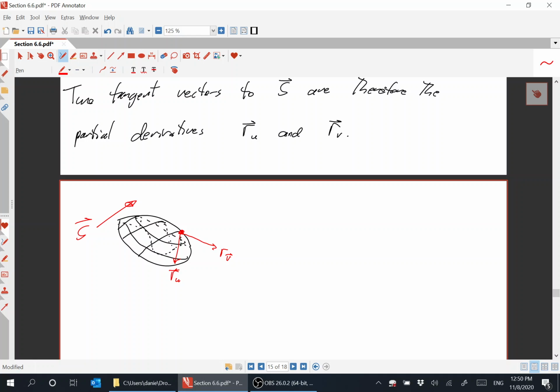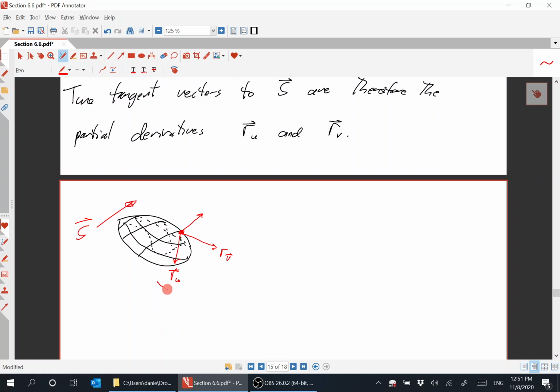So the vector that's going to be perpendicular to the surface is a vector that's perpendicular to both of these, which is the cross product. You want the cross product that points in the same direction, and that's given by your right hand.